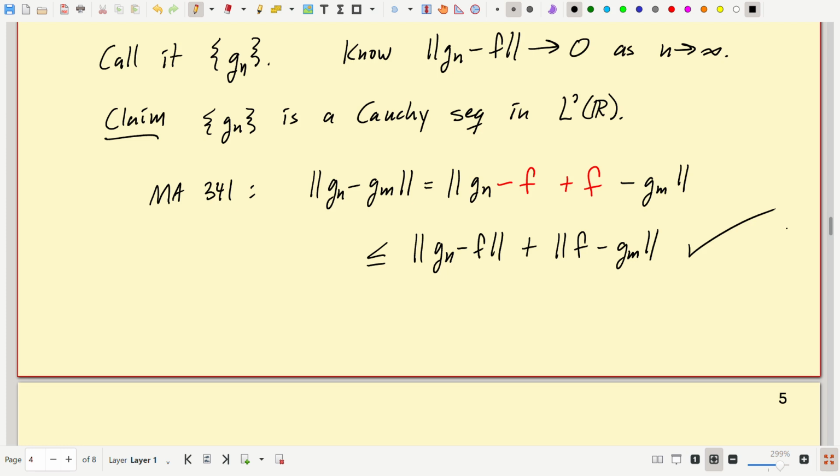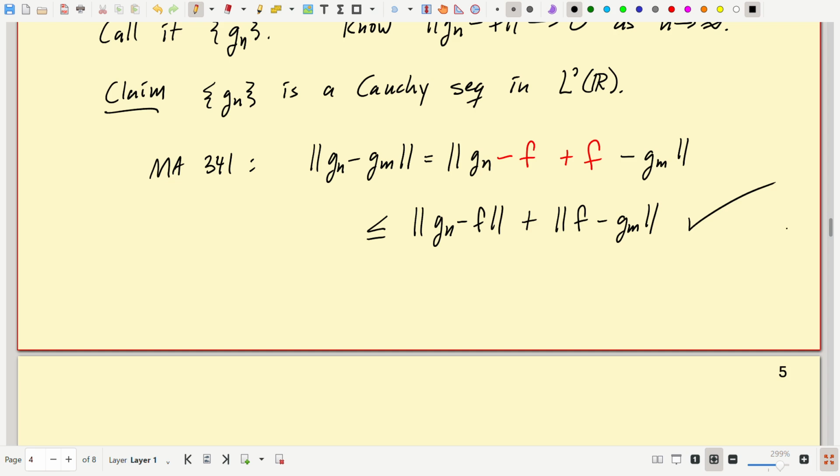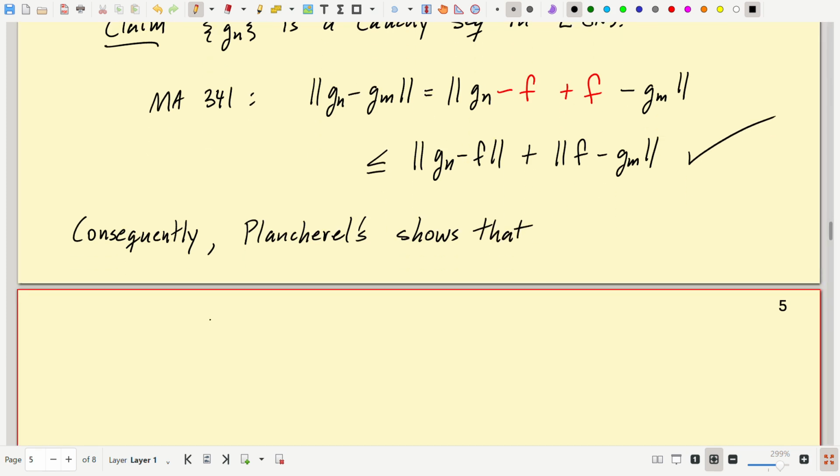So I know it's a Cauchy sequence. Consequently, Plancherel's identity shows that Gn hat minus Gm hat, that would be equal to Gn minus Gm in the L2 norm.